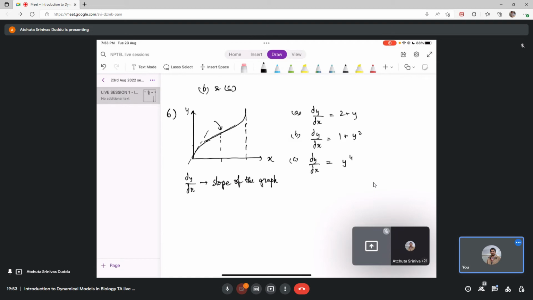But coming to this point, the slope is increasing. So the slope initially decreases and then increases.